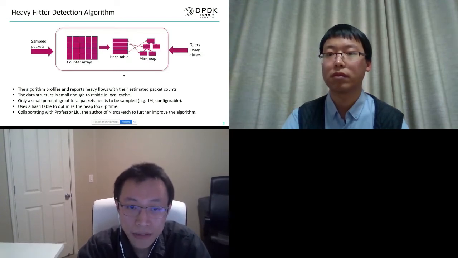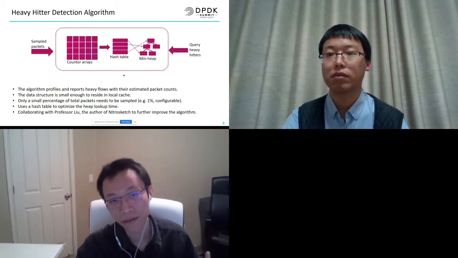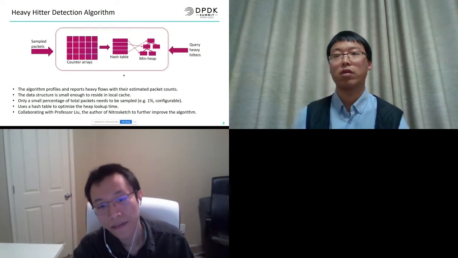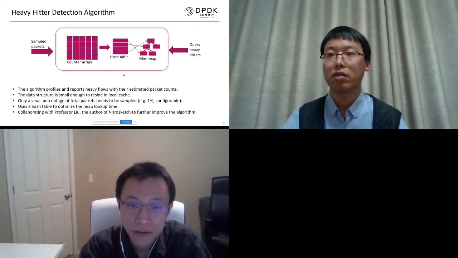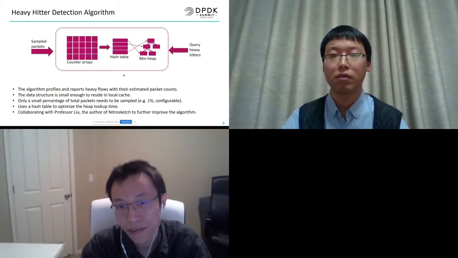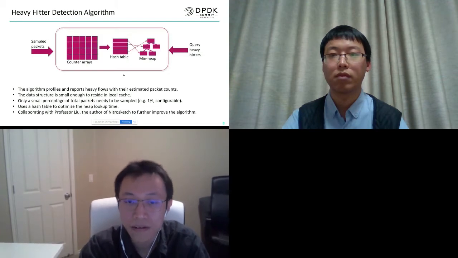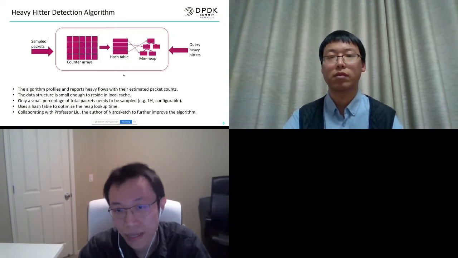Every time a packet comes into the algorithm, it first updates a counter array, and for every potential elephant flow, it will check the hash table first to see if it's in the min heap. If it's there, then it will update the counter in the min heap as well. If not, then we insert the elephant flow into the min heap.